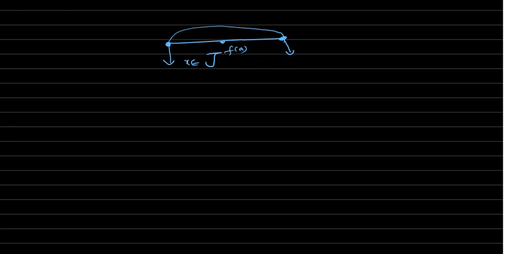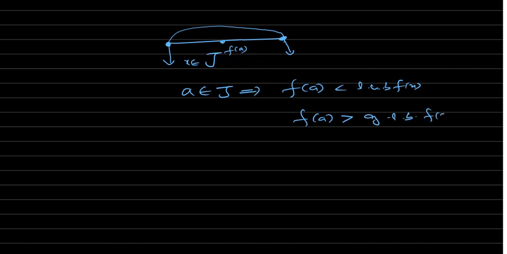That's always true. And since a is in J, f of a must be less than the least upper bound of f x, and f of a must be greater than the GLB of f of x. This is true.